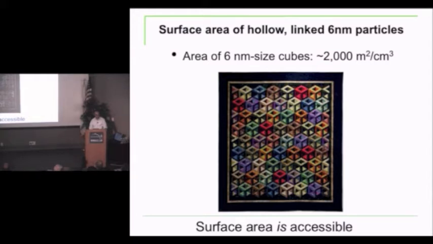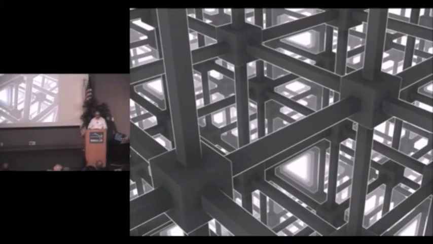And indeed, if you could make the scaffolding architecturally stable, it should be possible to not only get that surface area, but of course that surface area would be accessible. So that's really the idea.